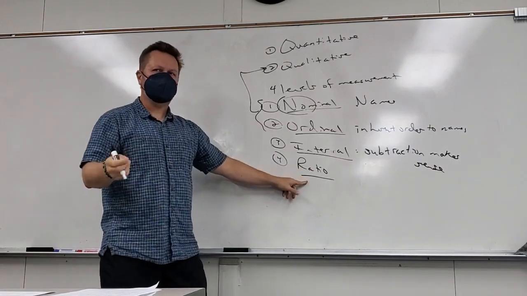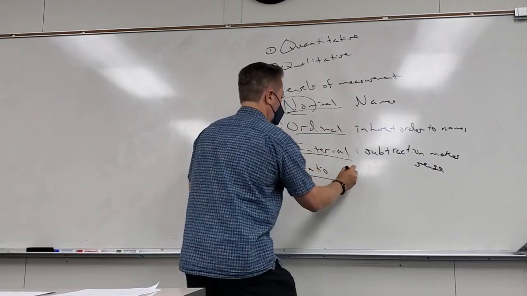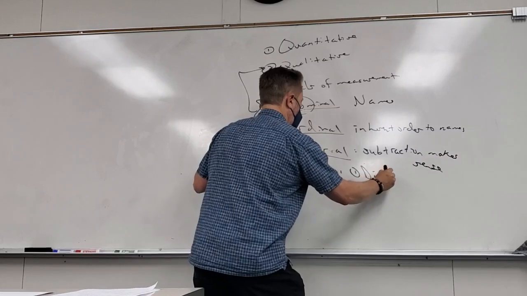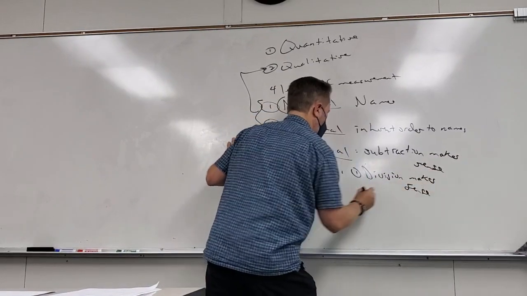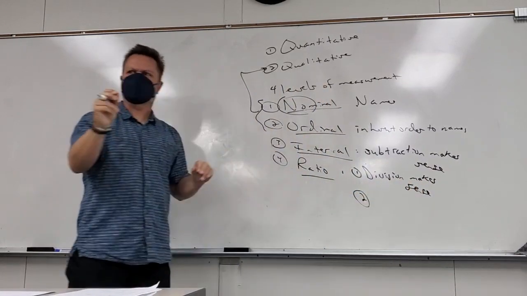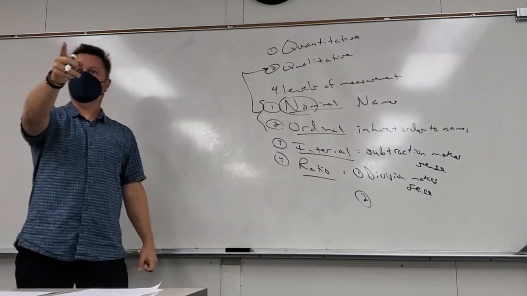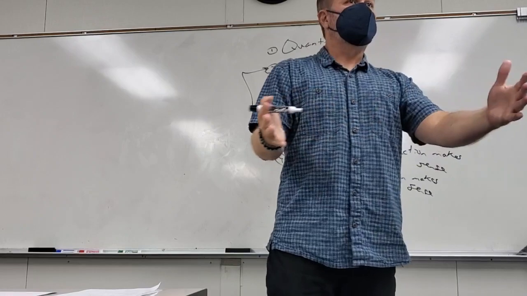And then, of course, ratio. There were two things. Division makes sense, and there's something else. We talked about temperature, for example. Zero means what it's supposed to. What is zero supposed to mean? The absence of a thing, right?